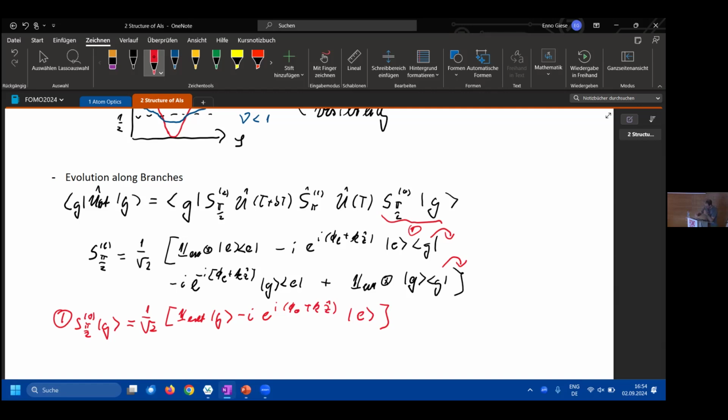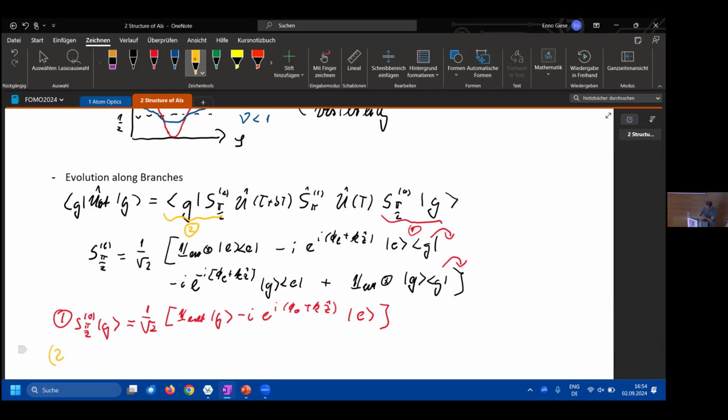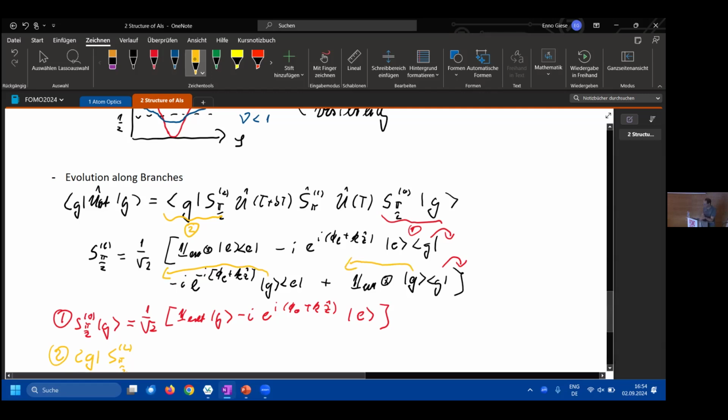What's the next step? Well, the next step would be looking at this guy here, because this is effectively the same thing. This is contribution 2. So this would be the ground state acting from the left on our beam splitter. And this is beam splitter 2. And now what happens? Well, if we multiply from the left with the ground state, only this guy here acts, and only this guy acts to the left. So these are the only 2 contributions.